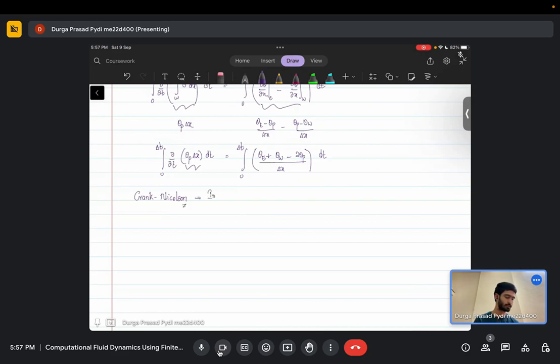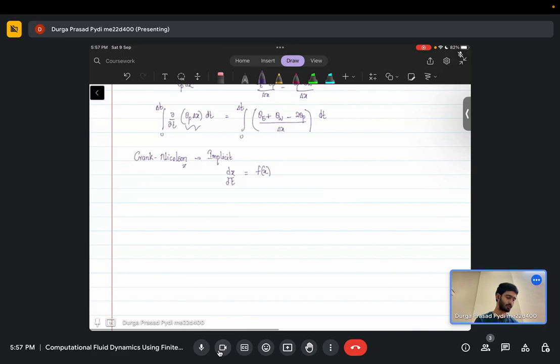What I mean by implicit is, so you have some equation of the form dx dt equal to f of x. You can solve it in several different ways. The classic or the standard way is, say, use Euler method. Euler method is where you approximate dx dt as, say, x n plus 1, where n is indicating your time step, minus x n, by delta t.